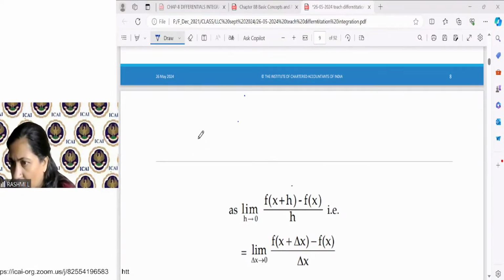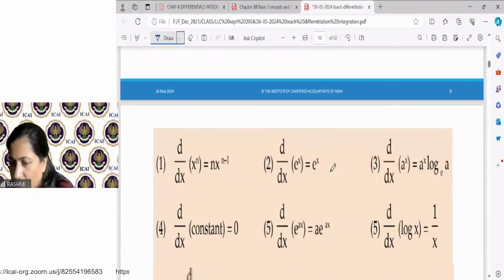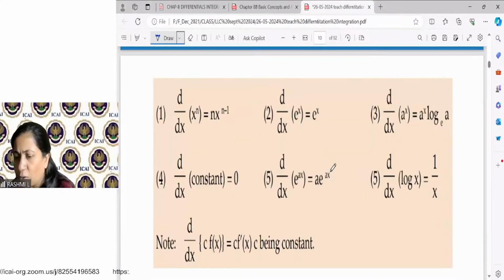Okay, so we have this principle. Then these are the formulae. As I was telling you, you must know these simple formulae to be able to attempt questions on differentiation. And similarly, you have them for integration.